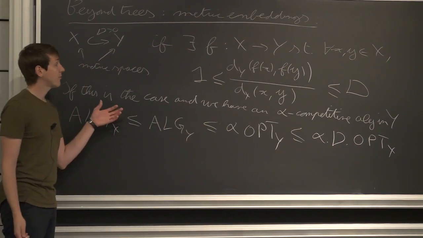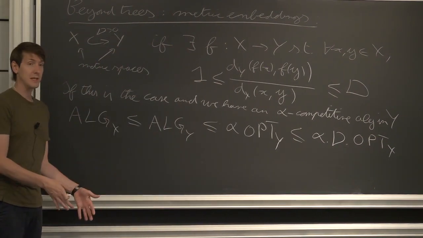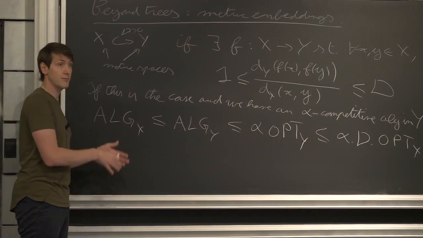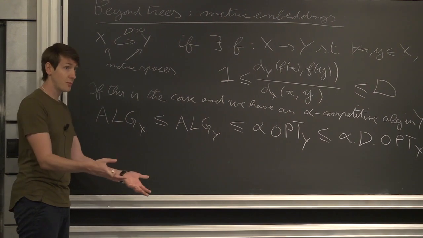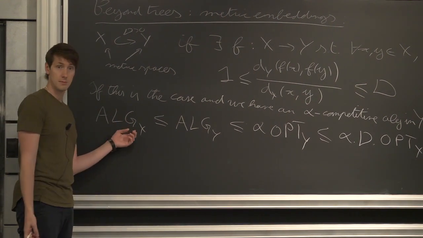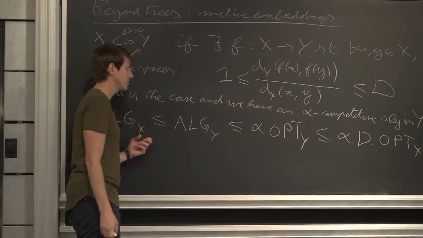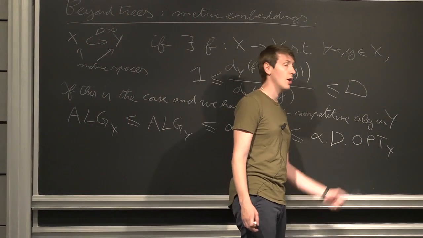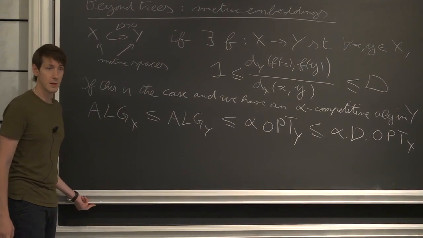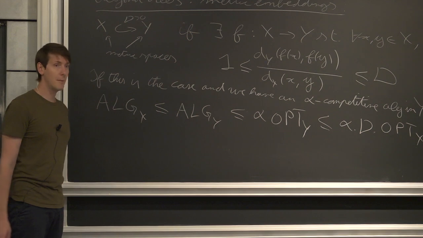So out of the combination of an alpha competitive algorithm in y and a metric embedding with distortion d from x to y, I get an alpha d competitive algorithm in x. The movement cost of the algorithm in x is bounded by alpha times d, the opt in x. Is that clear? So it's all about finding embeddings like this.